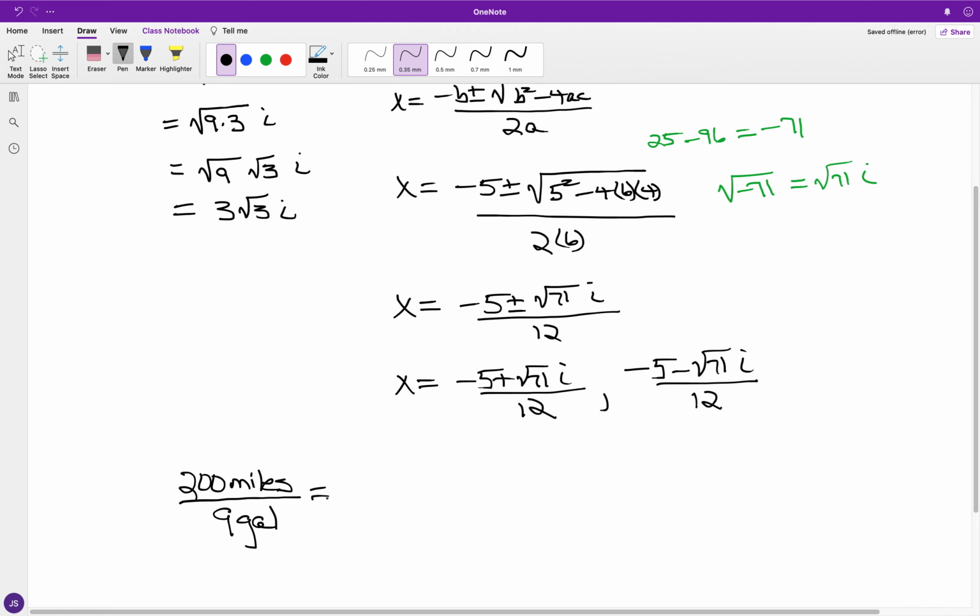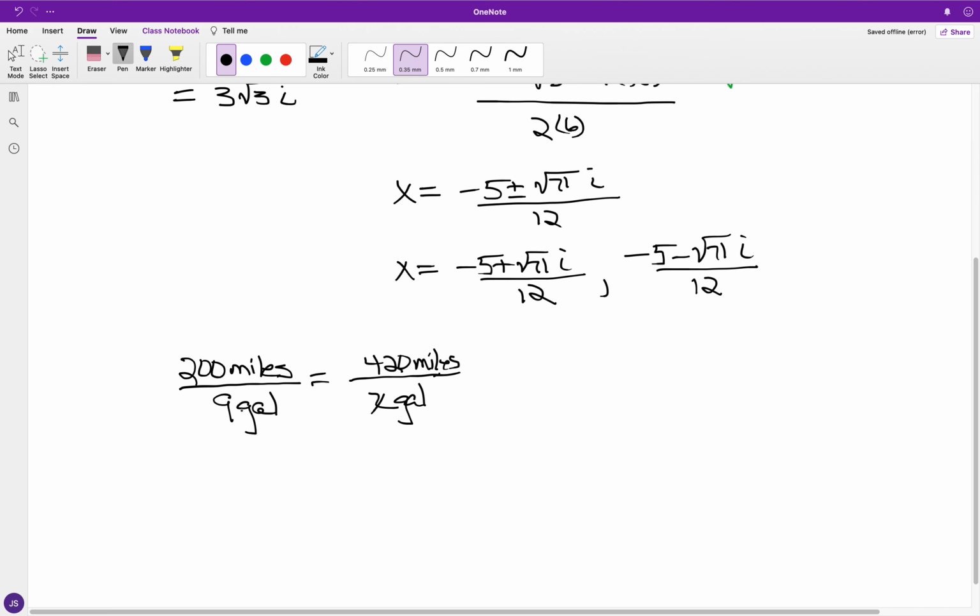Now we're looking at how many gallons she would need to travel 420 miles. You could also say 9 is to 200 as x is to 420. Just make sure that your units are consistent.